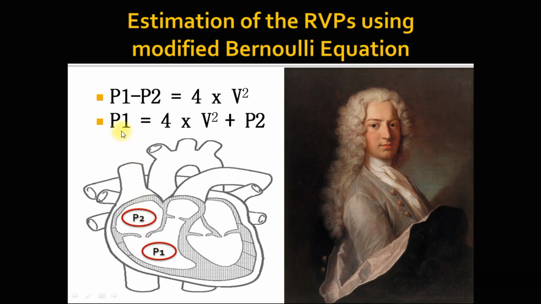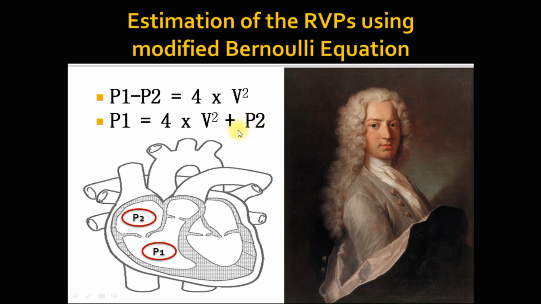In this equation, we have 3 unknown factors: P1, the right ventricular systolic pressure, which we need to know; V, the maximum velocity of the tricuspid regurgitation across the tricuspid valve; and P2, the right atrial pressure.